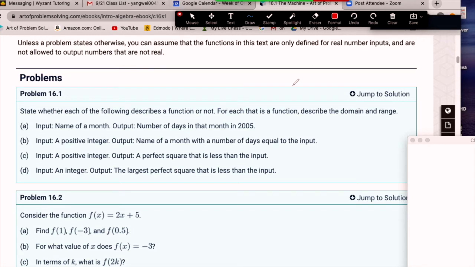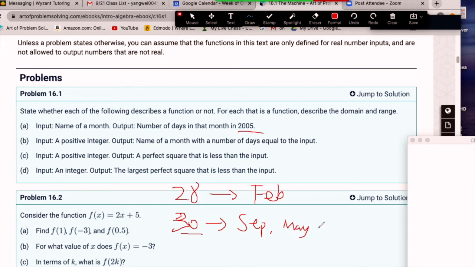Suppose I give you 28. Then this year, suppose still 2005, you know this one should be February. But if I give you 30, what month does this represent? Then you're confused, right? This one maybe it's September, maybe it's May, right?